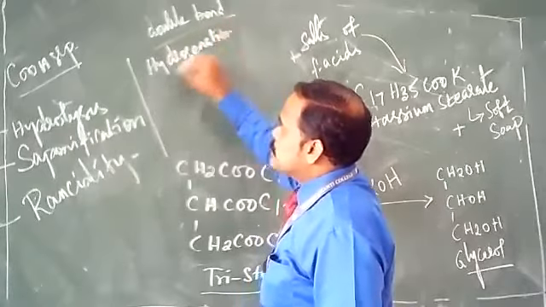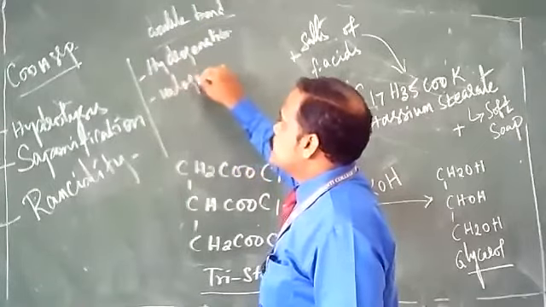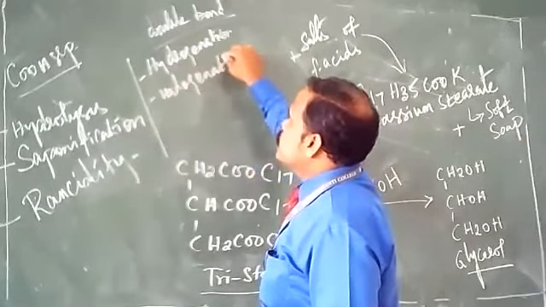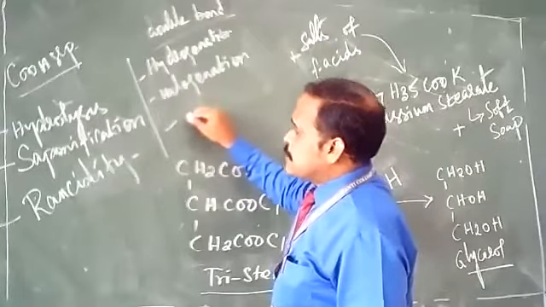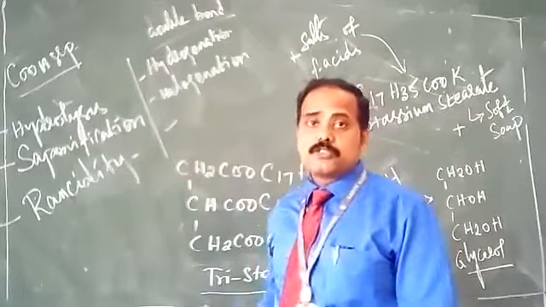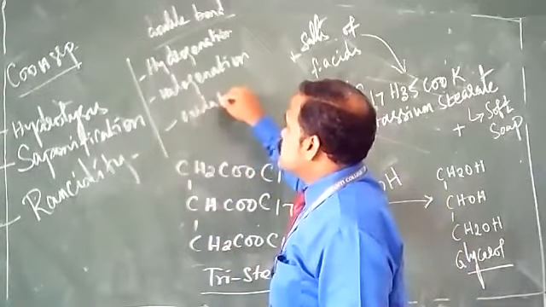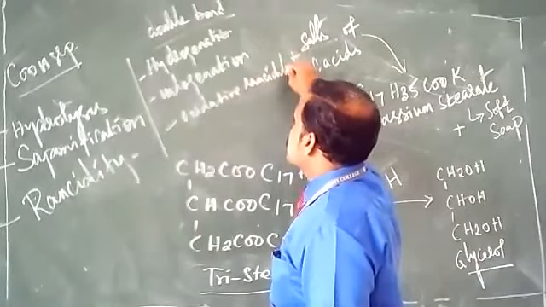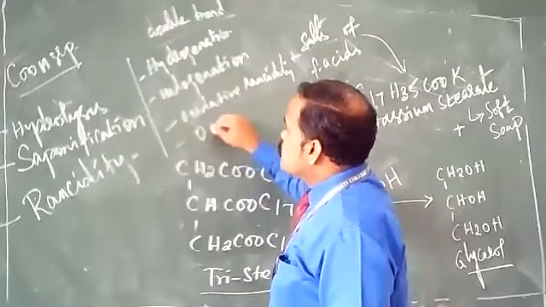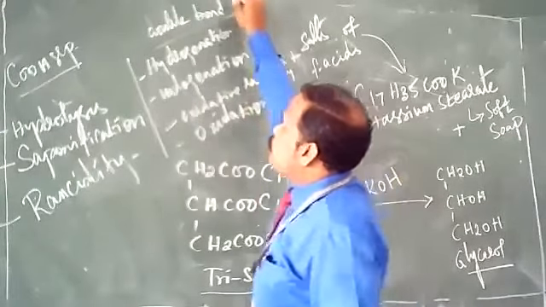We take up rancidity, the oxidative rancidity, and the other one is oxidation. So four reactions come under reactions due to the presence of double bonds.